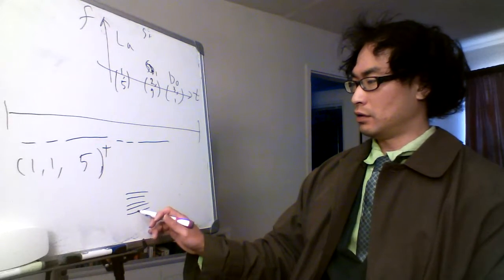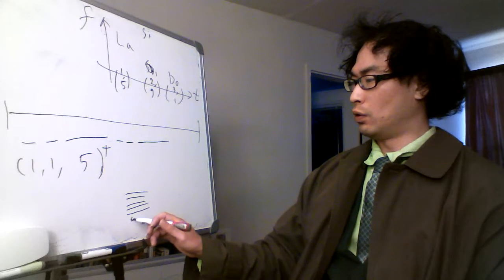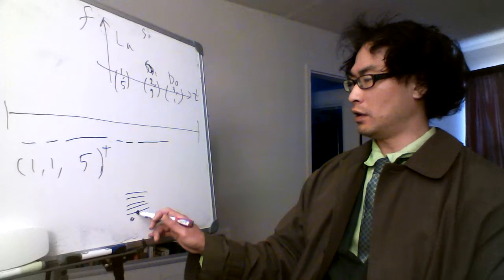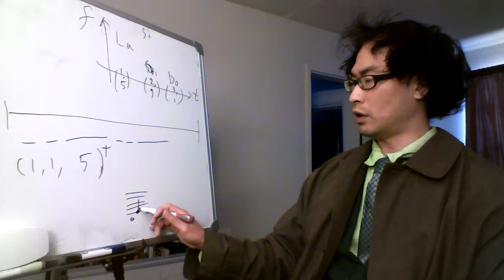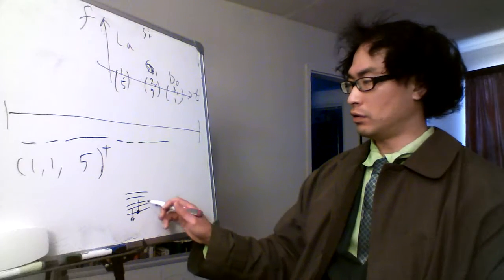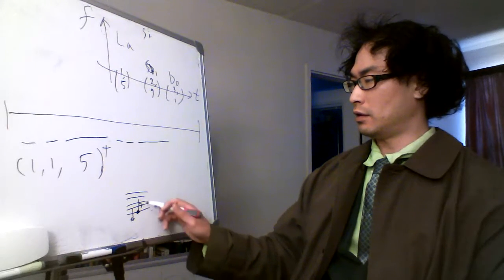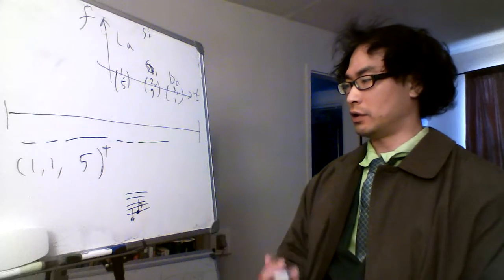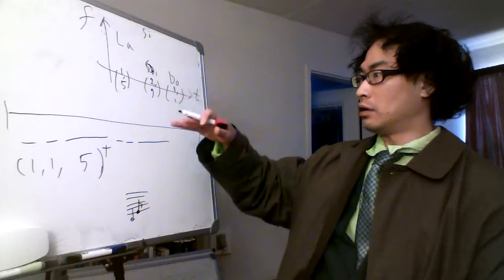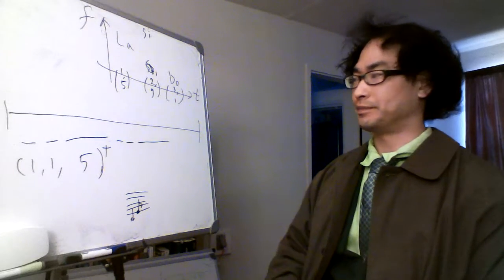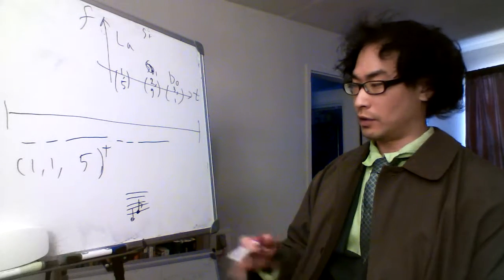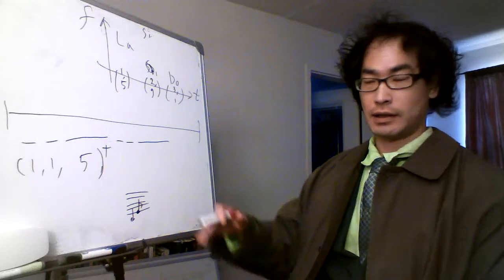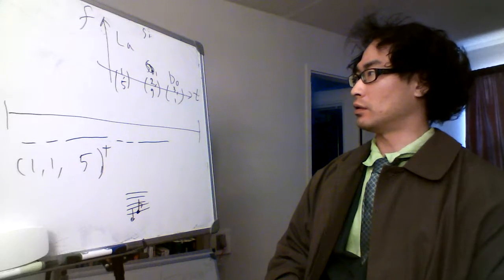You have do, re, mi, looking like bean sprouts. So a given note has length, how long the note is, and also it has height, the frequency.